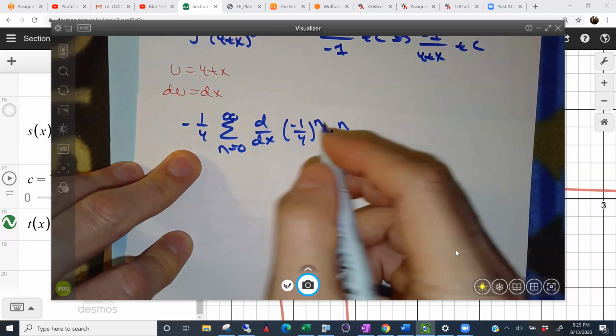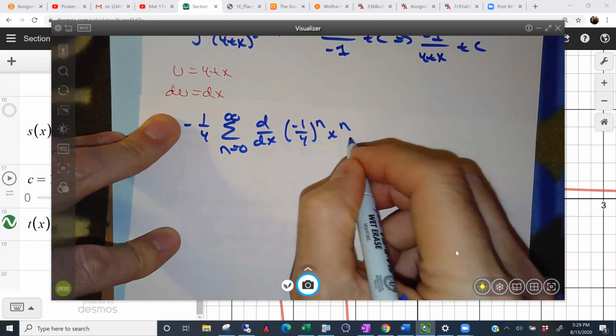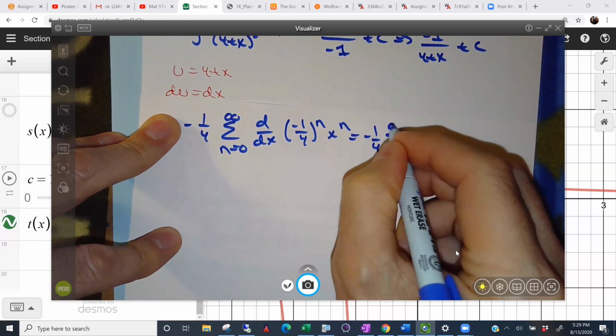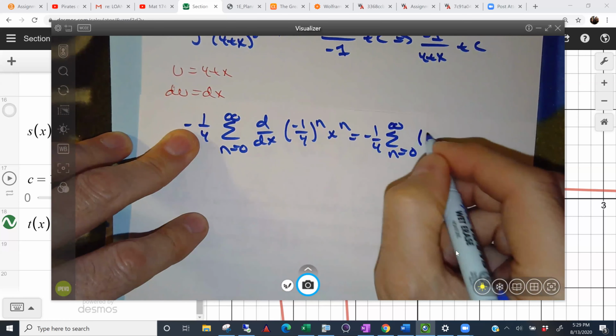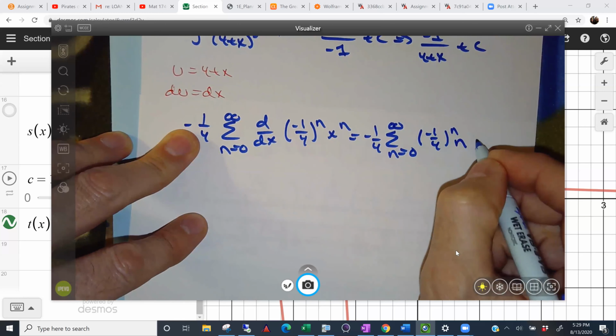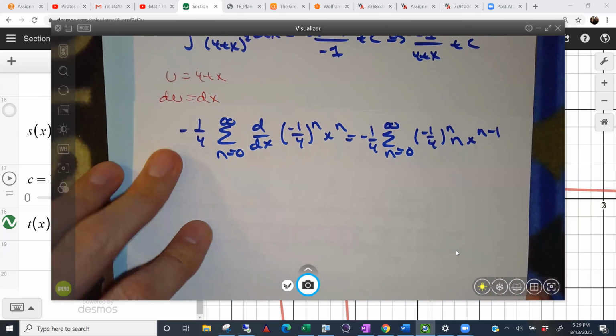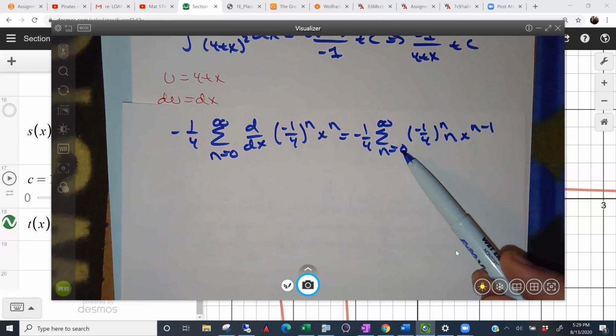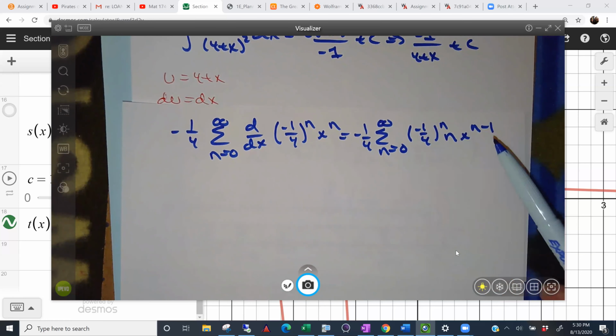So this becomes negative 1/4 sum from n equals 0 to infinity of negative 1/4 to the n times n times x to the n minus 1. You might notice that at n equals 0, that first term disappears, and that's okay.